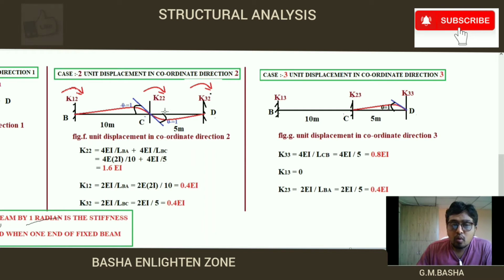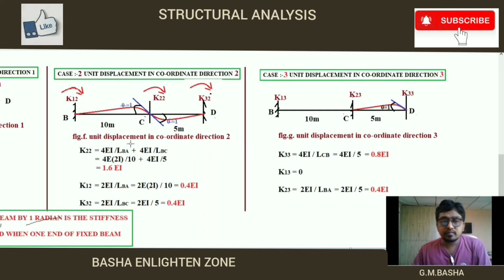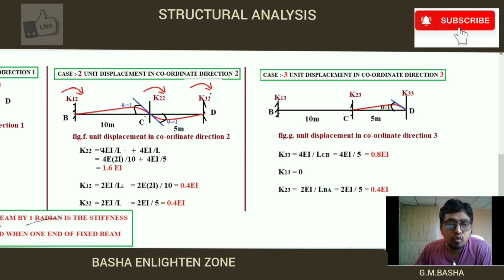Similarly, whatever the moment applying here at K22, that is 4EI by L for CD, we are just carrying half of the moment to the other end, that is K32 equal to 2EI by L, CD. So see here, your K22 will be equal to 4EI by L for span BC, similarly 4EI by L for span CD.